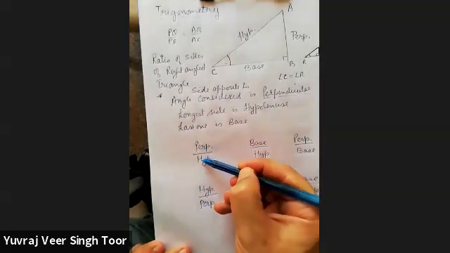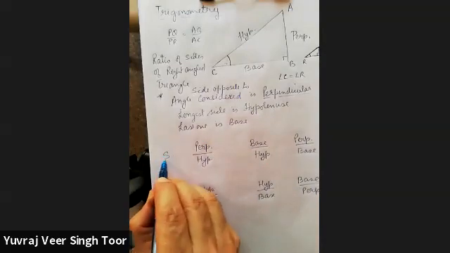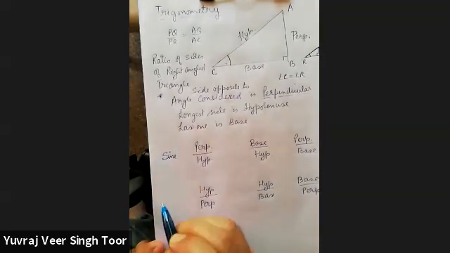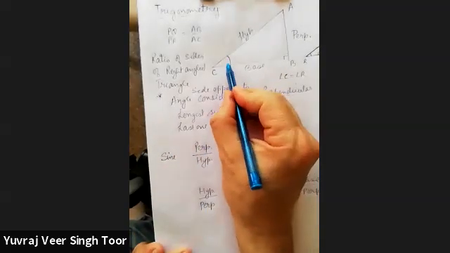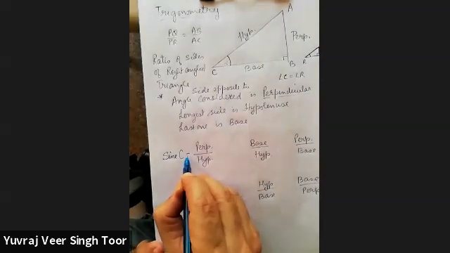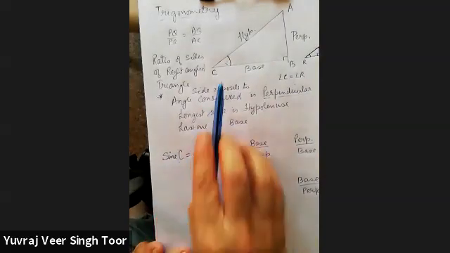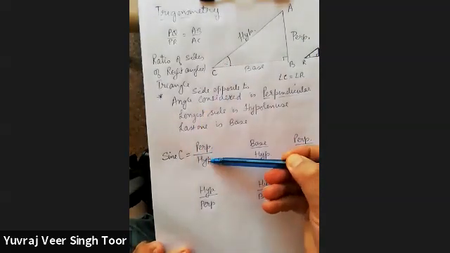Perpendicular upon hypotenuse was given the name sine of the angle, because this angle has been decided, so we have to consider the angle also. Sine of this angle is perpendicular upon hypotenuse.